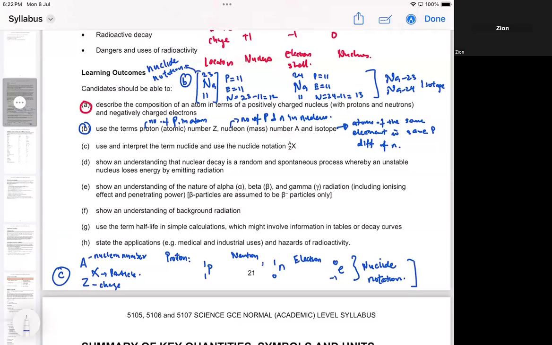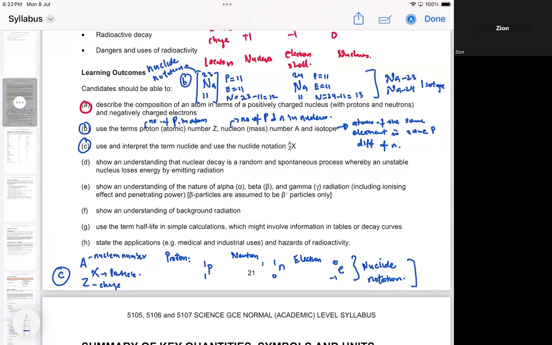Do you see this in school before? This particular one? Therefore, this is what we need to know. Okay, so that is point C. And what exactly is nuclide?